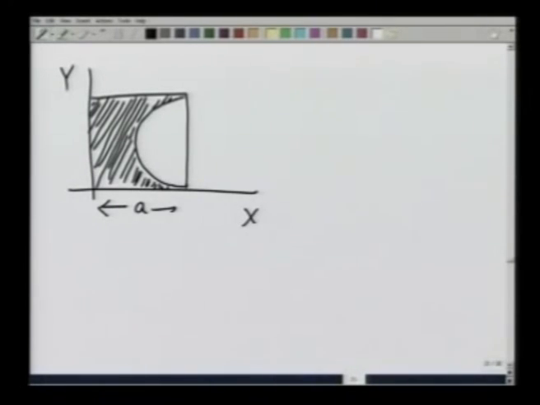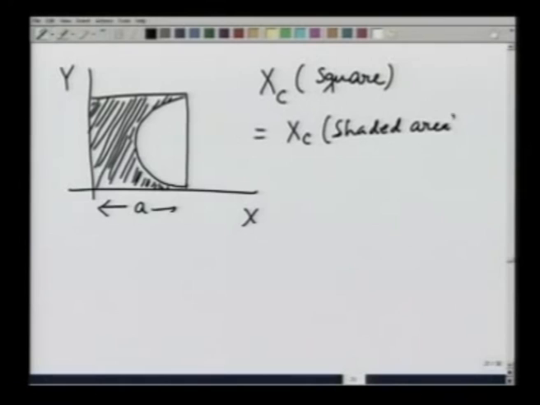Again, I can use the same theorem, but in a different way, because now what I am going to say is that xc of the square, which I already know is going to be right in the middle, is going to be equal to x centroid of the shaded area plus x centroid of the semicircle.